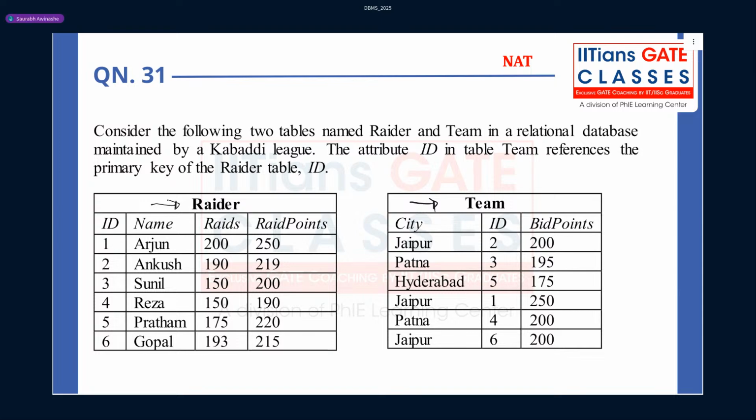Now, the statement they've mentioned is the attribute ID in the table Team references the primary key of the Raider table. Okay. So we have this reference here.